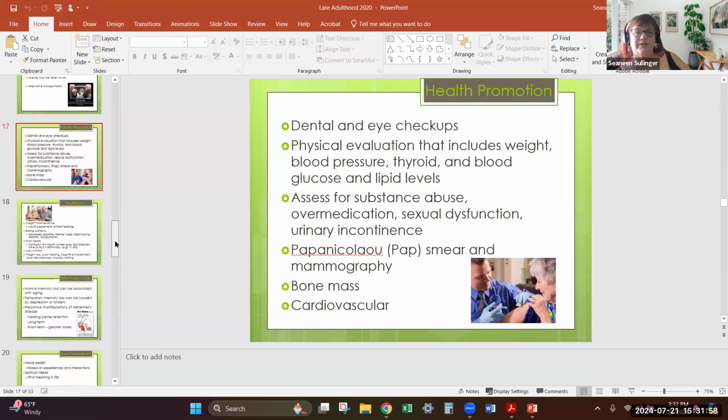Health promotion, keep having those dental and eye checkups, the vision checkups, blood pressure, pap smears and mammograms are still important. Bone mass, that's a new one. As the bone density can decrease, you want to get that checked to see if you're at risk for falls and breaking bones.